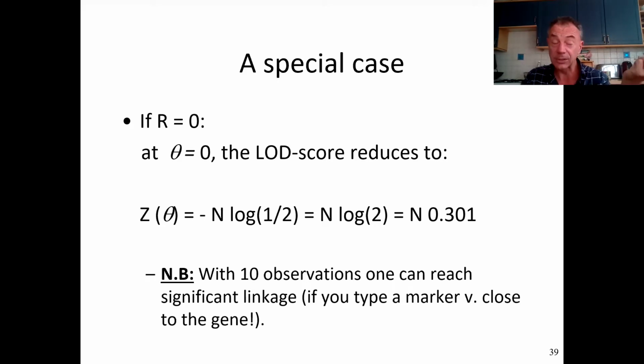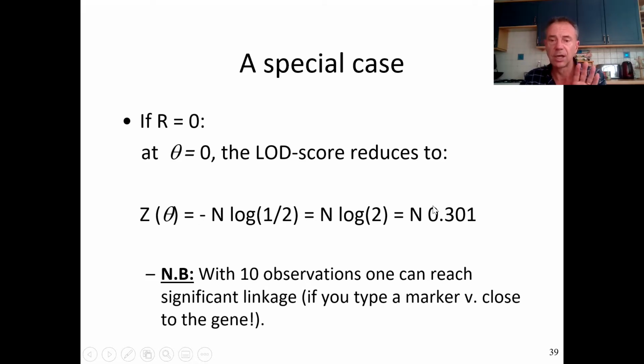And now we're going to compare that to the log likelihood under the null hypothesis. Supposing we've got n observations, all non-recombinant, then the log likelihood under the null hypothesis is n times log half, and the log likelihood for the alternative hypothesis is 0, minus that.